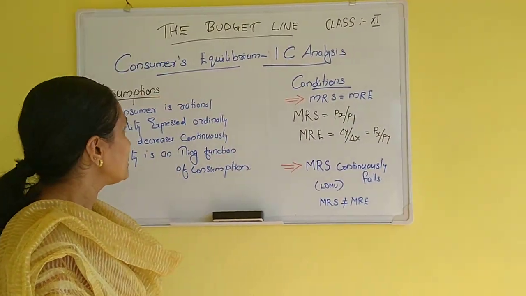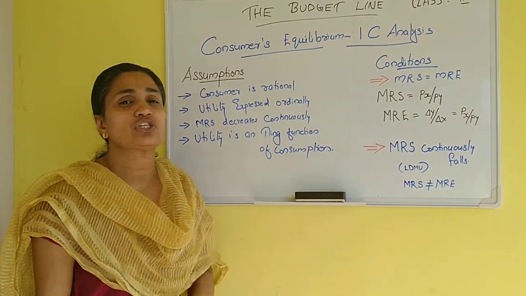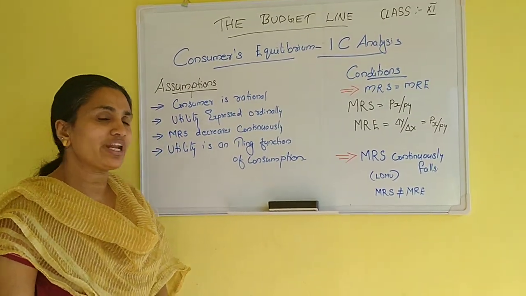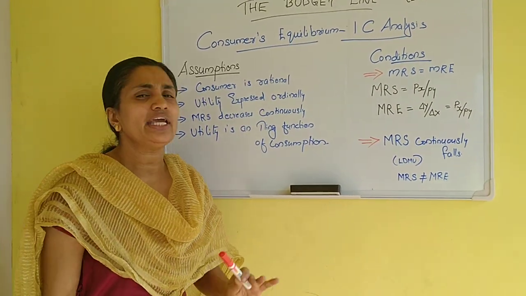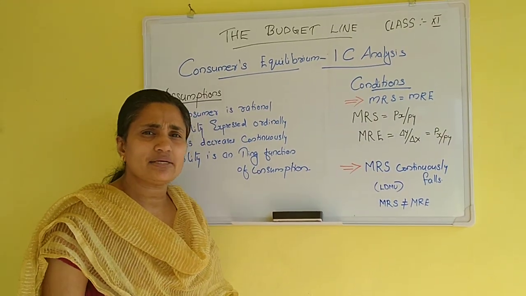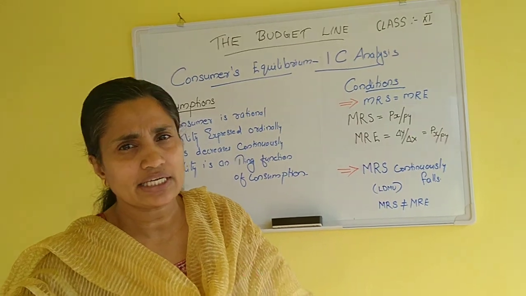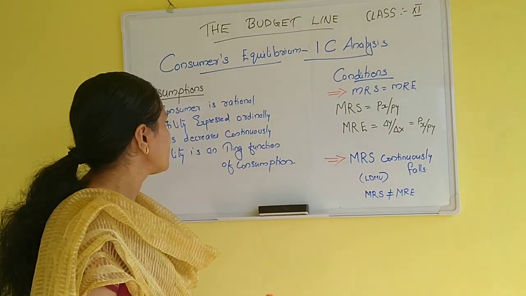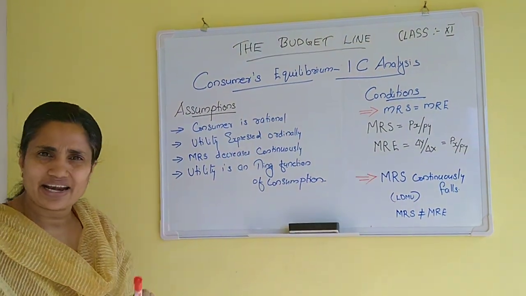First of all, we can see the various assumptions of the consumer's equilibrium under indifference curve analysis. The first one is that the consumer is rational, which we studied already. A rational consumer tries to maximize satisfaction or utility from the given or fixed income. So in this case the consumer is rational.